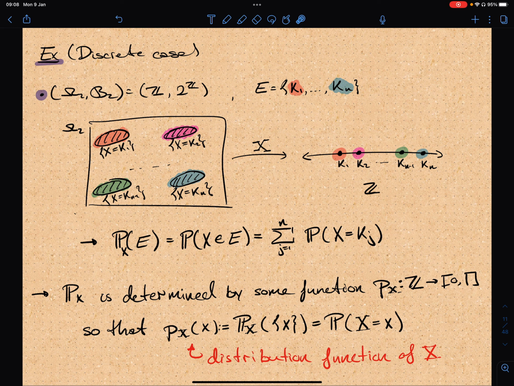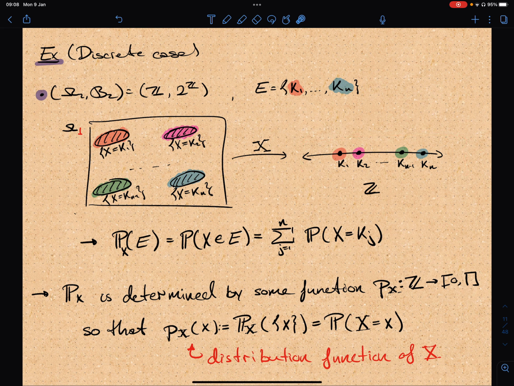But let's start a little bit general here. I'm considering the discrete case where the target space is the integer line. This is x mapping from an abstract omega 1 into the integers.